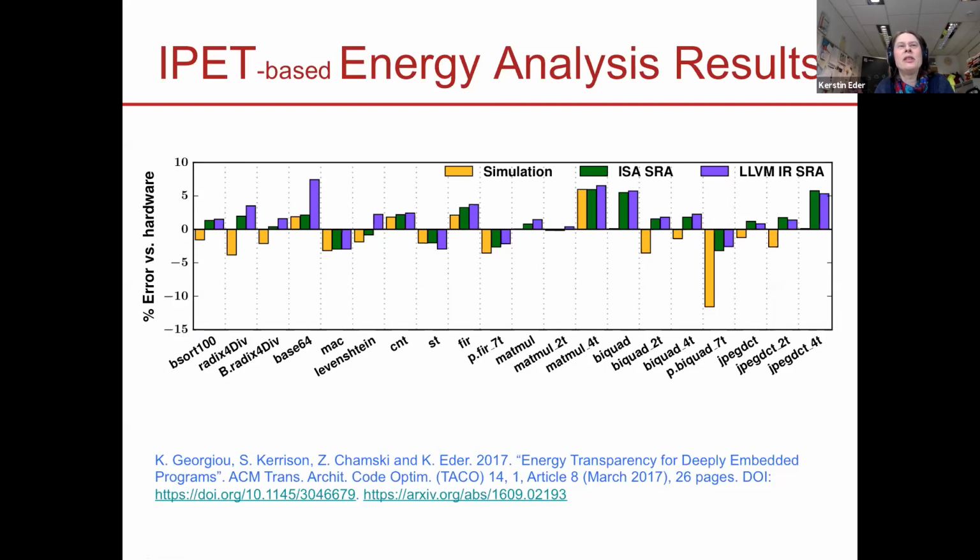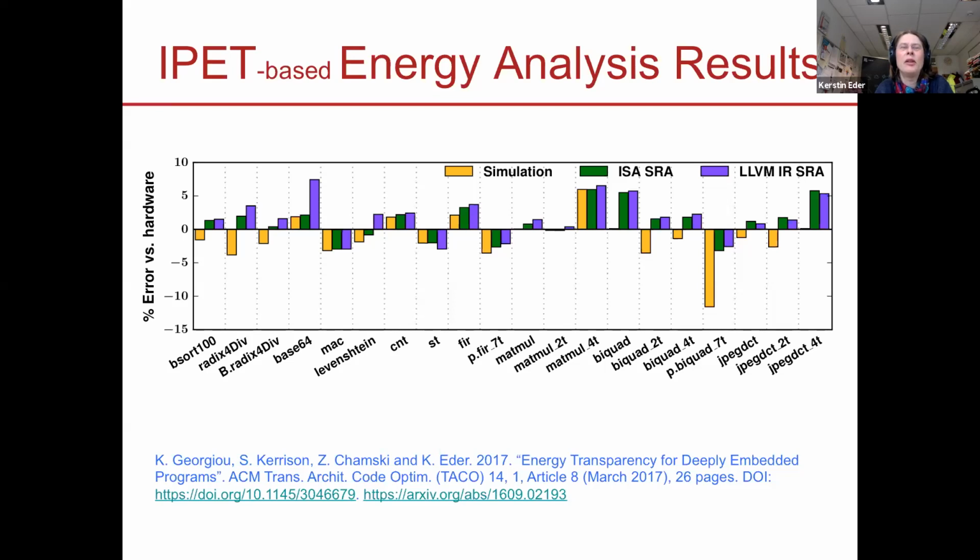And it's actually quite nice to see that all the results, except for one there, are within plus minus 10%. The yellow one is the simulation, but all the static analysis results are within a 10% boundary. That looks satisfactory. And we've got quite a close match between the green and the purple bars.